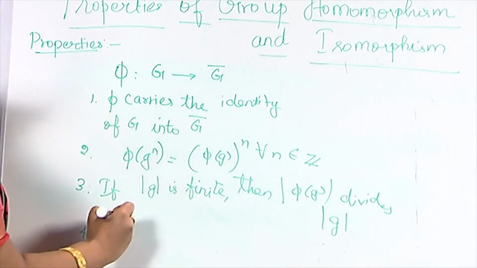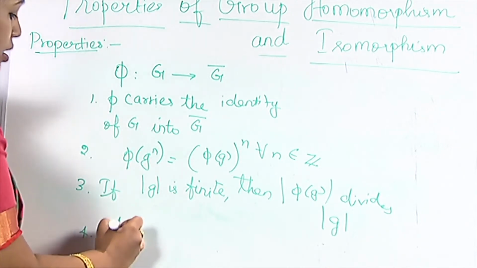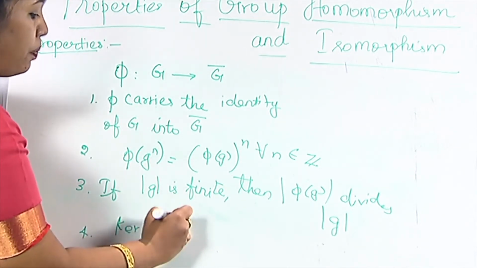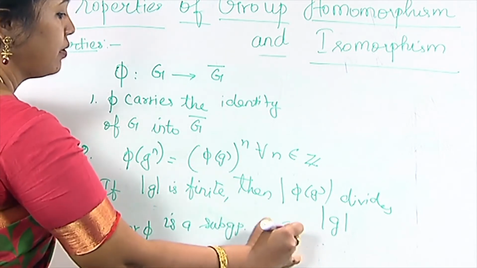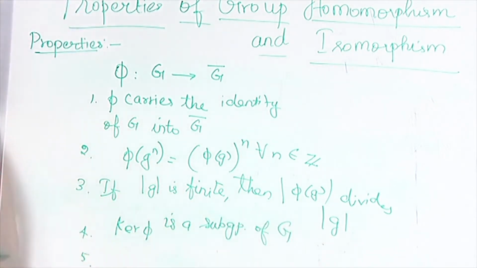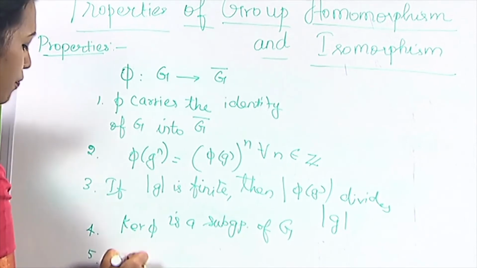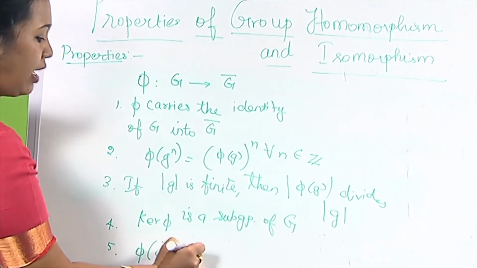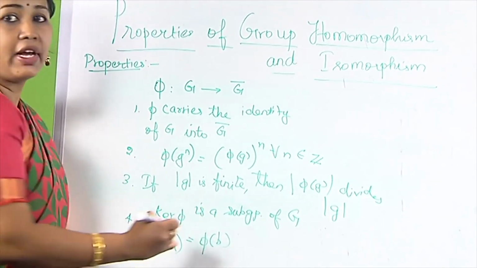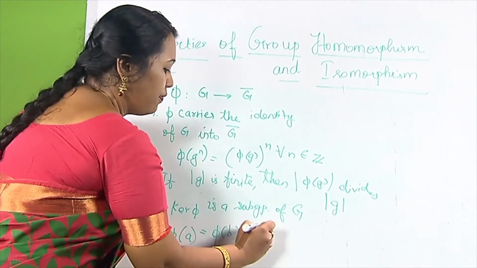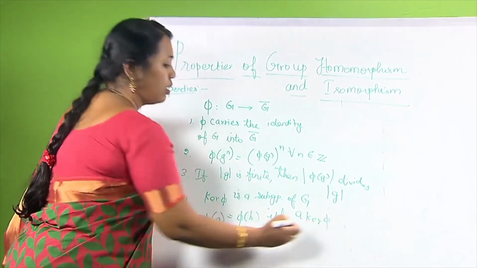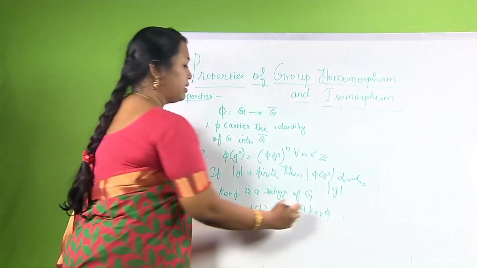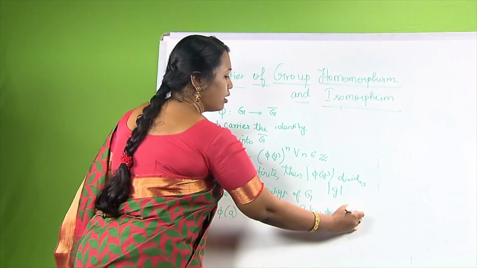Number 4, kernel phi is a subgroup of G. And fifth property, phi of a equal to phi of b if and only if a kernel phi is equal to b kernel phi.